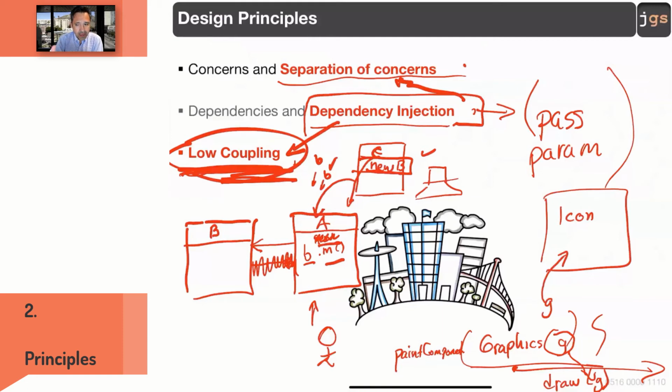Well, I am mentioning Icon here. My recommendation: Icon should be an interface. Icon could have this method draw with the parameter g. In the interface, you do not put a body, but then you can create all these children that are the classes that implement Icon, and all of them have this draw method, and they need to add the body.